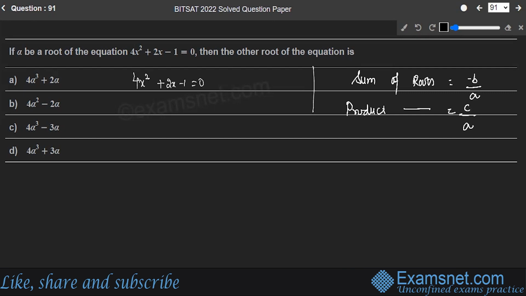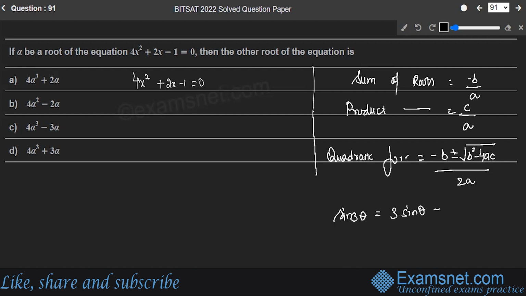The quadratic formula for finding the roots is minus b plus minus root of b square minus 4ac upon 2a. Also, sine 3 theta is equal to 3 sine theta minus 4 sine cube theta. So these are a few of the formulas we'll be using in this particular question.